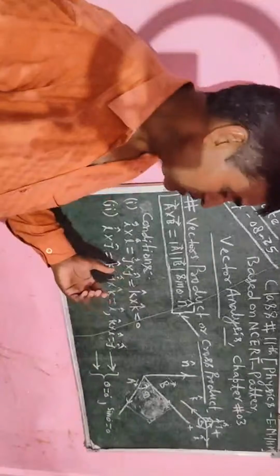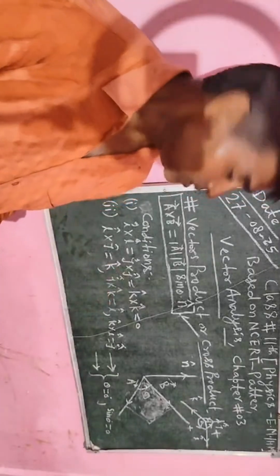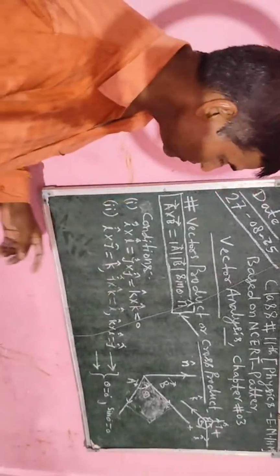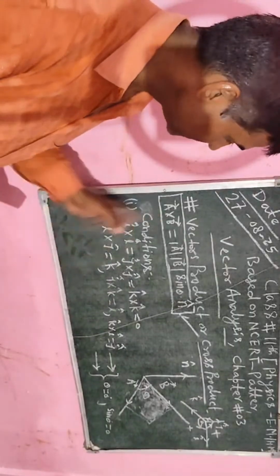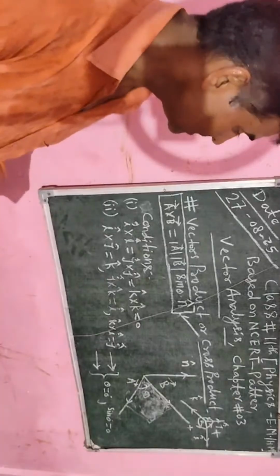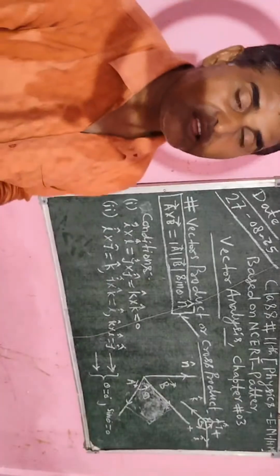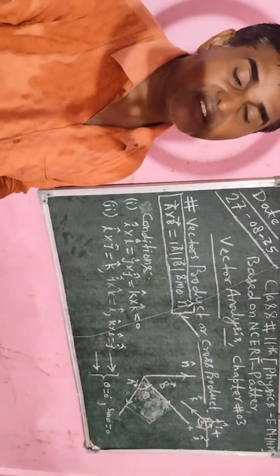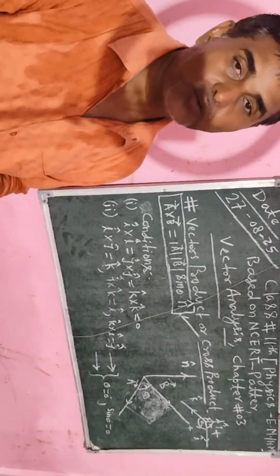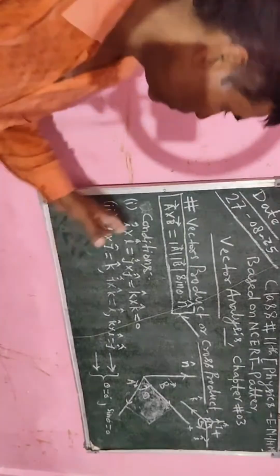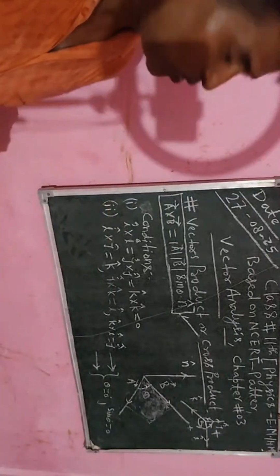If you know it, you will get no issue in solving the question, okay student. So I will erase this theory, then I will write one numerical, and after that I will find the area of the parallelogram by using the cross product. So you follow it positively.